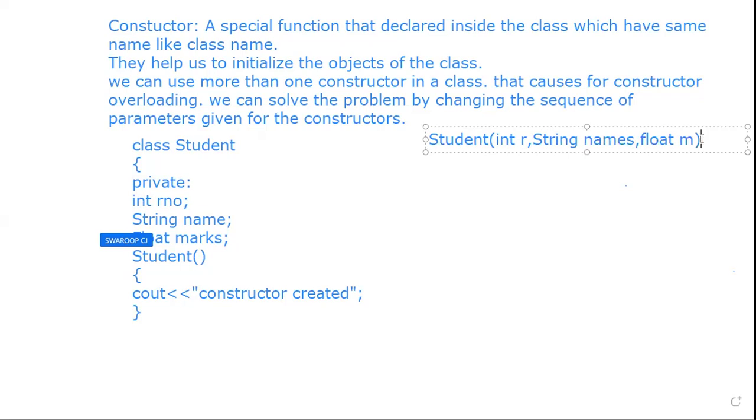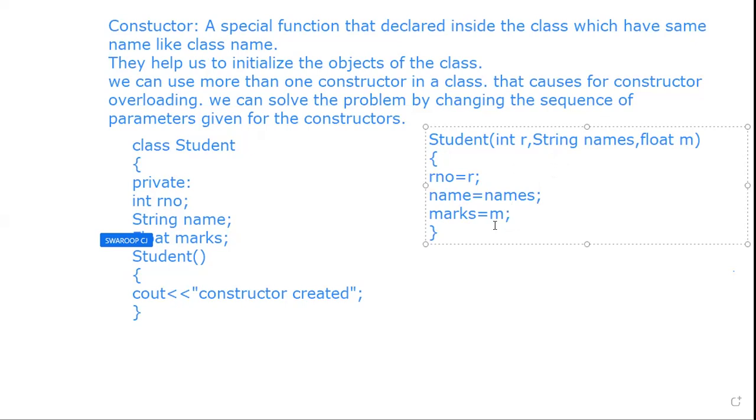The purpose is to initialize the objects. So the data values I have here: rnumber equal to r, name equal to names, and marks equal to marks. That's it. What will happen? Whatever values you pass in the main function will be assigned to the class values, right?